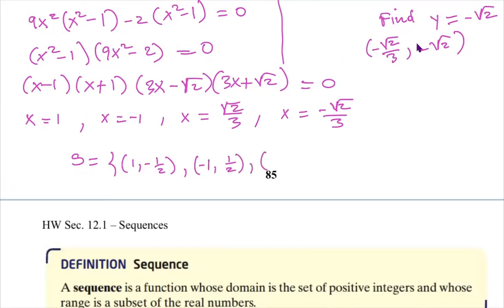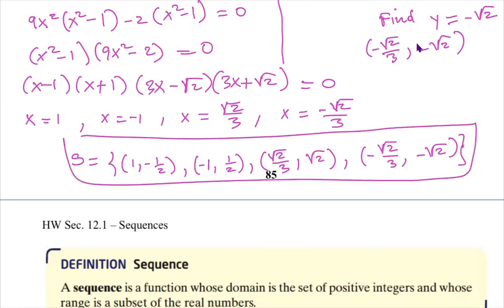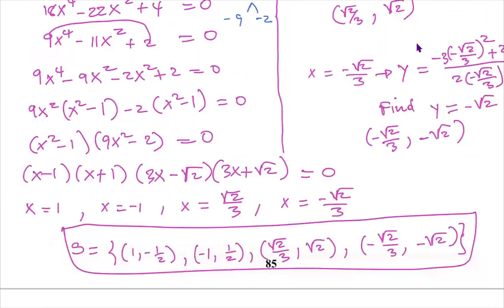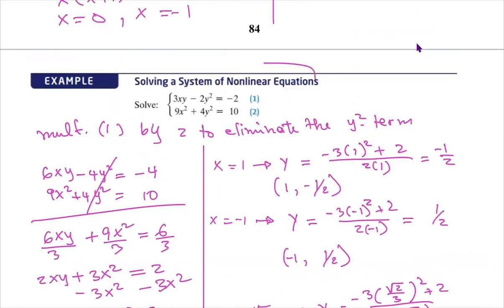We have square root of 2 over 3, square root of 2. And we have negative square root of 2 over 3 and negative square root of 2. So these are the solutions, or that's the solution set of the system of nonlinear equations we have here. Okay, so we have enough practice on solving nonlinear systems of equations in two variables.